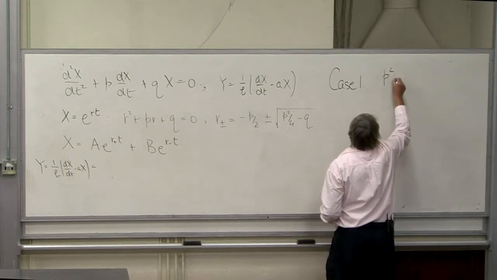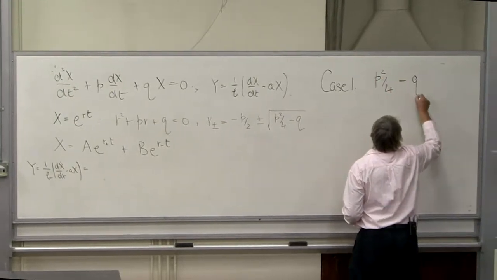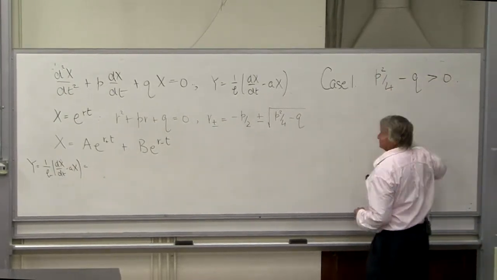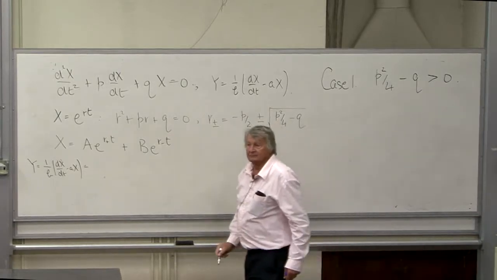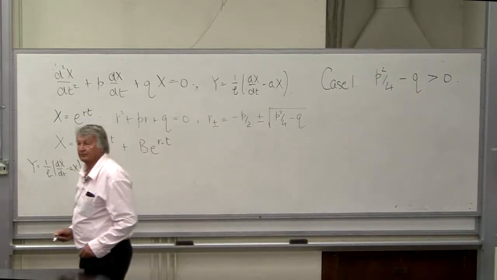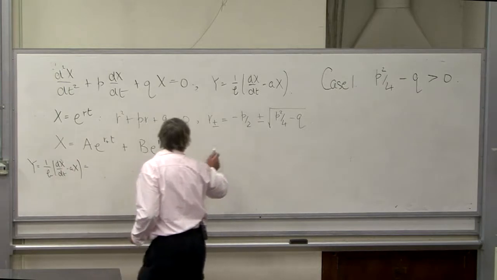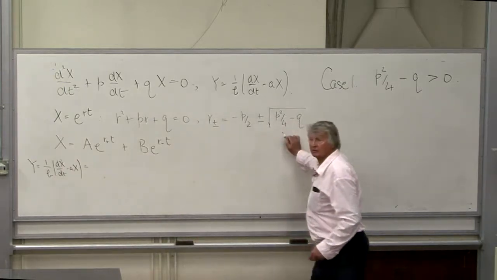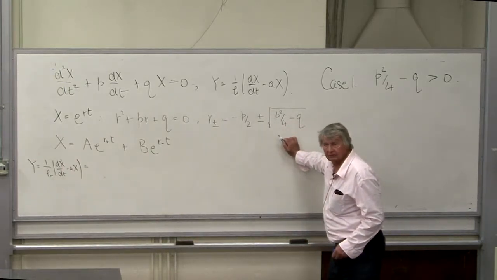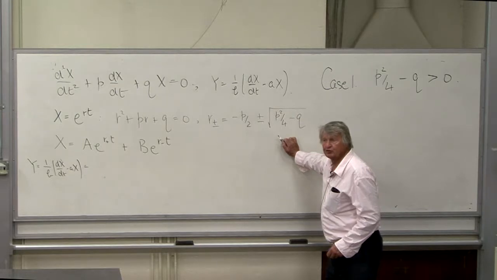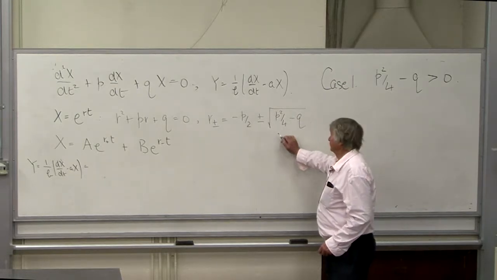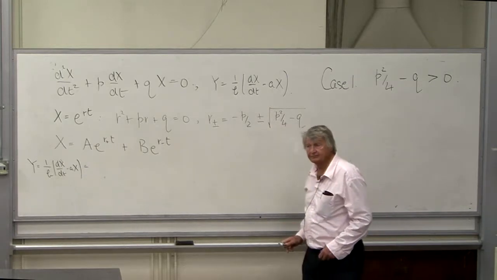P squared over 4 minus q is greater than 0. That means the two roots are real. The two roots are real, because this is real.